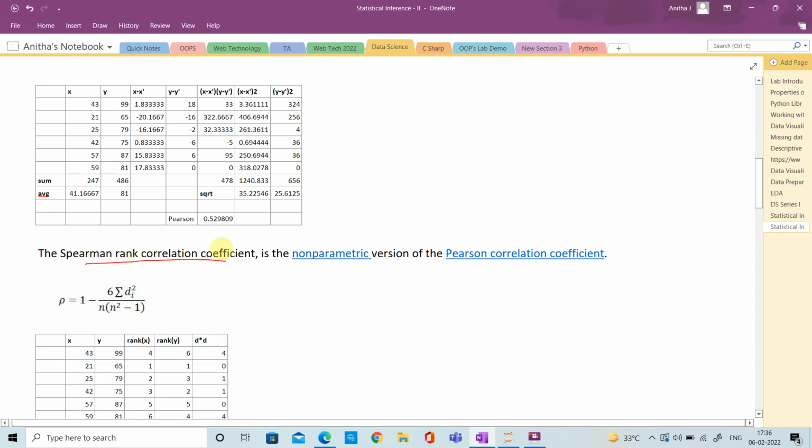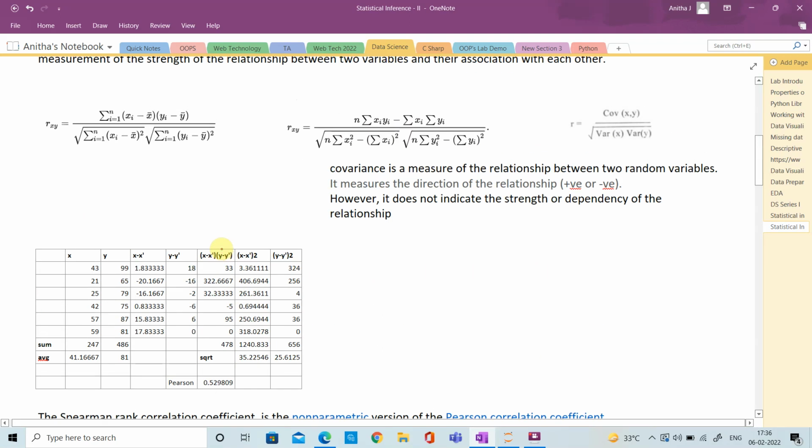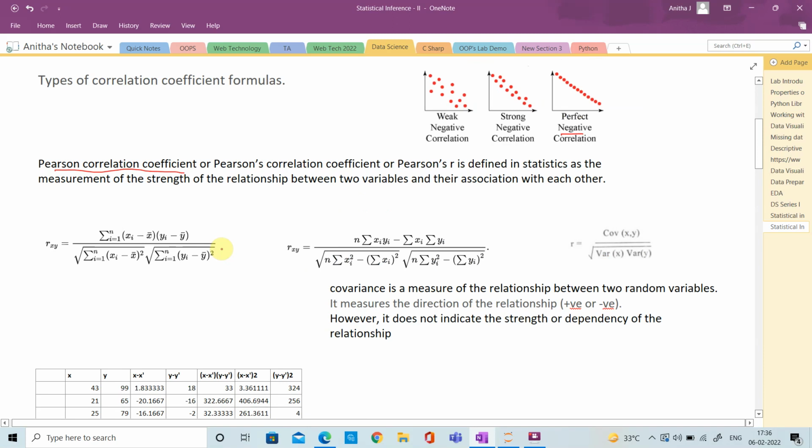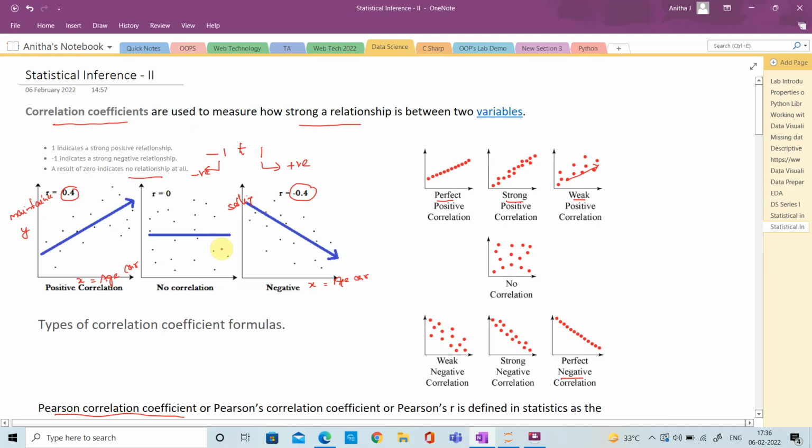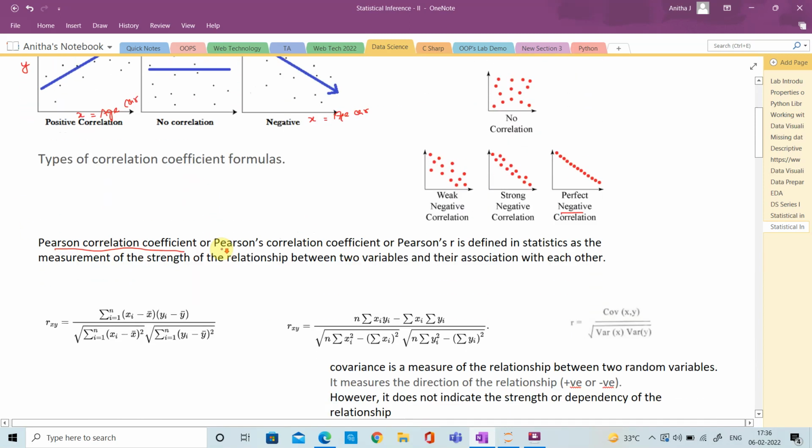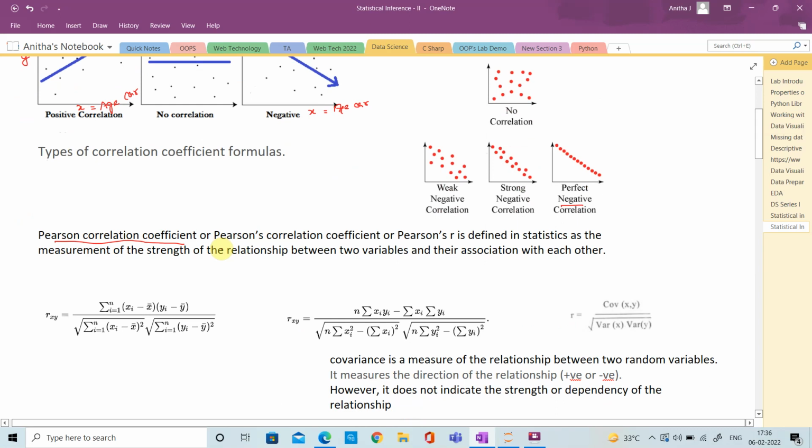By using these formulas, we find the correlation coefficient between two variables to indicate how much they are related with each other, and what the relationship between them is. The Pearson correlation coefficient, also called Pearson's r, is a statistical method used to infer the relation between two variables. It measures the strength of the relationship and the association between them.